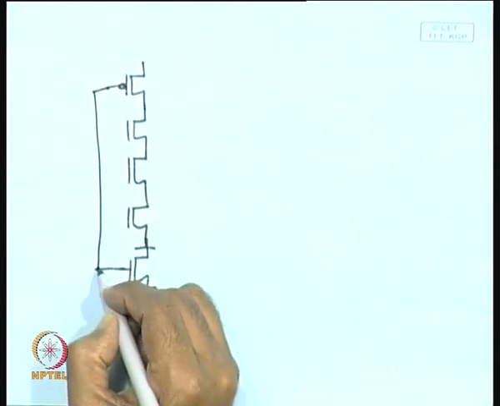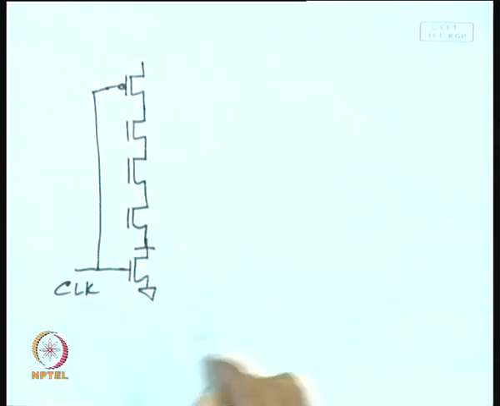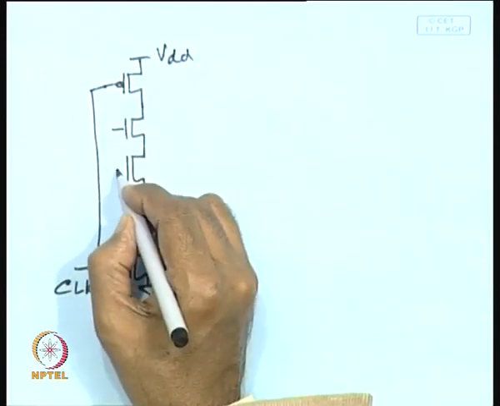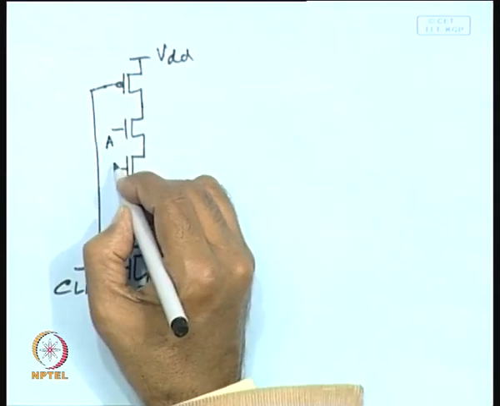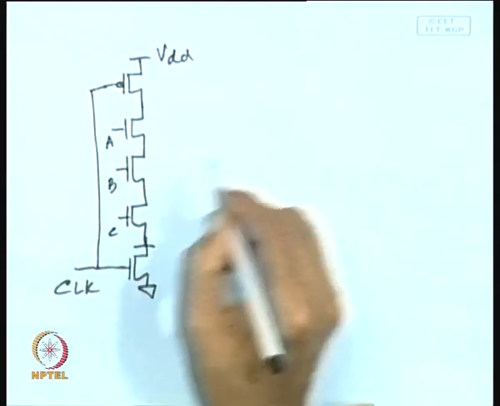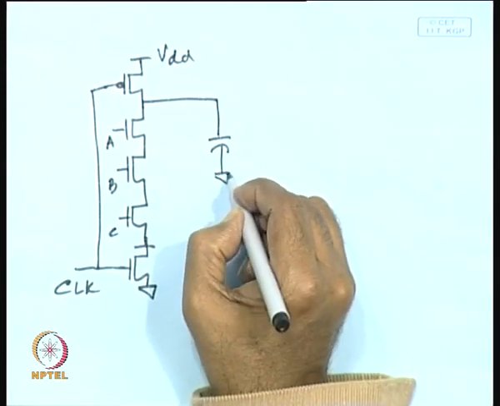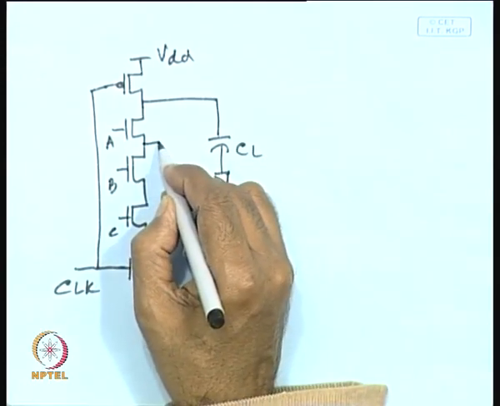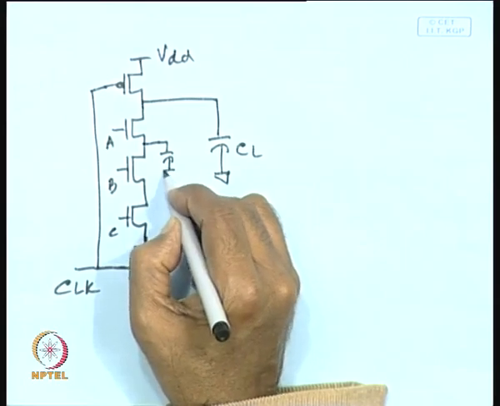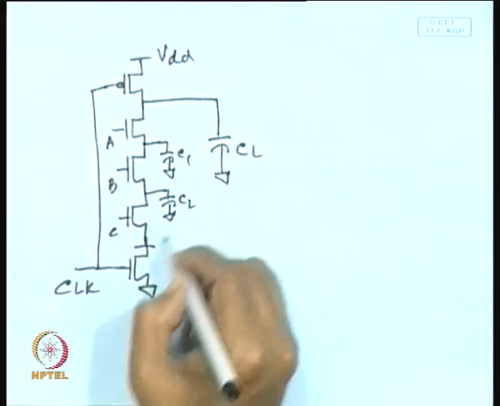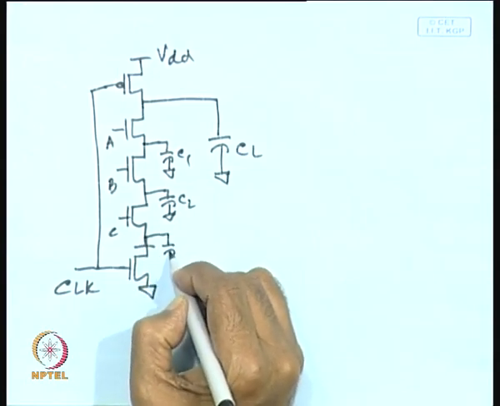This is connected to clock because it is a dynamic CMOS circuit. It is connected to VDD, and these are the 3 inputs A, B and C. You have a load capacitance CL here, and a capacitance C1, then another capacitance C2 and another capacitance C3.